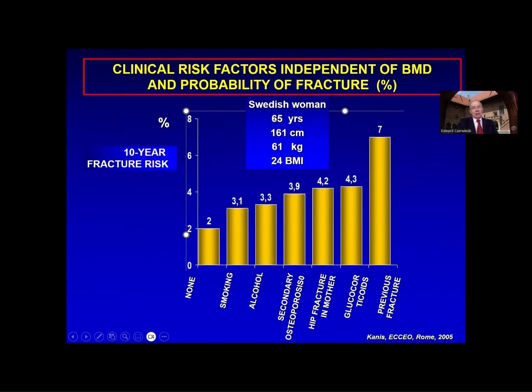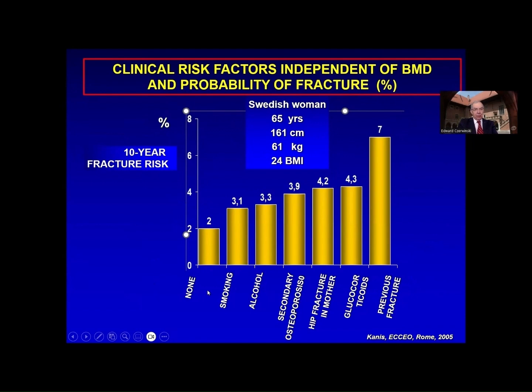Here we have another Swedish data. Say a normal or average Swedish woman, at the age of 65, at height 171 and such a weight, had a normal BMD and BMI 24. If she has no other risk factors, her risk will be 2%.